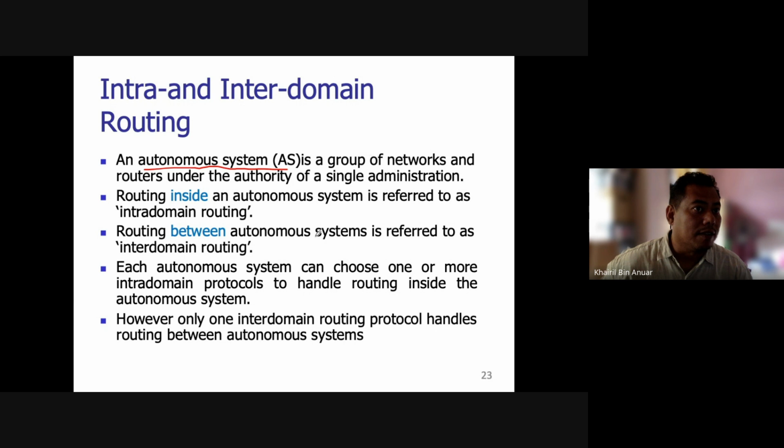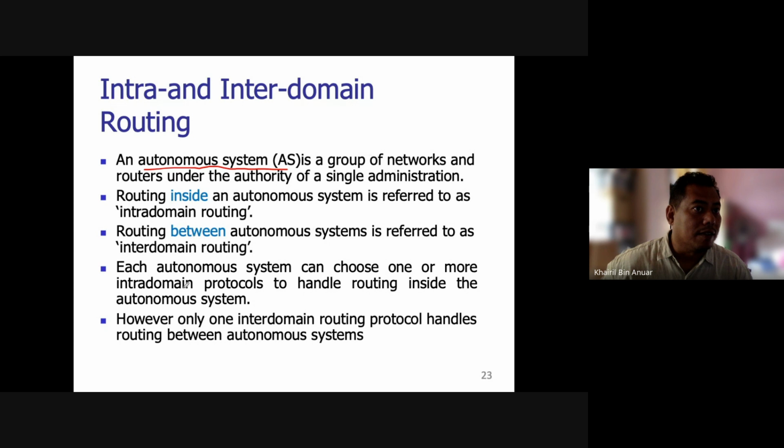There may be only one router that interchanges information between one autonomous system and the other, or it can be many more, but the basic one is that it communicates from one autonomous system's inter-domain router to another autonomous system's inter-domain router.